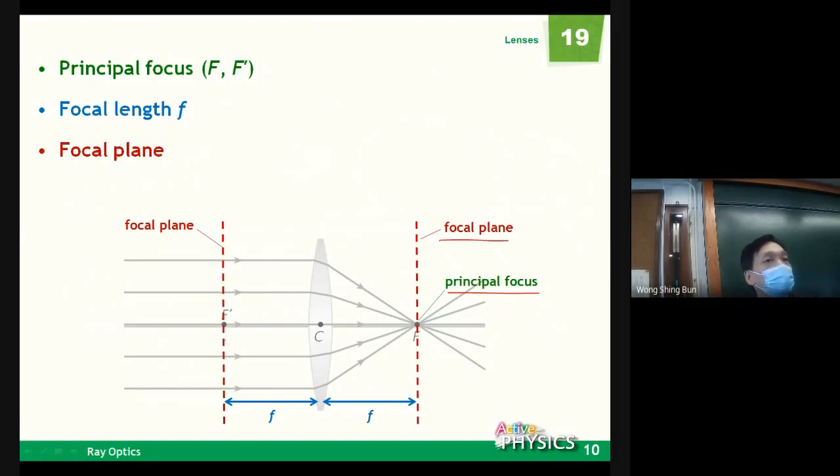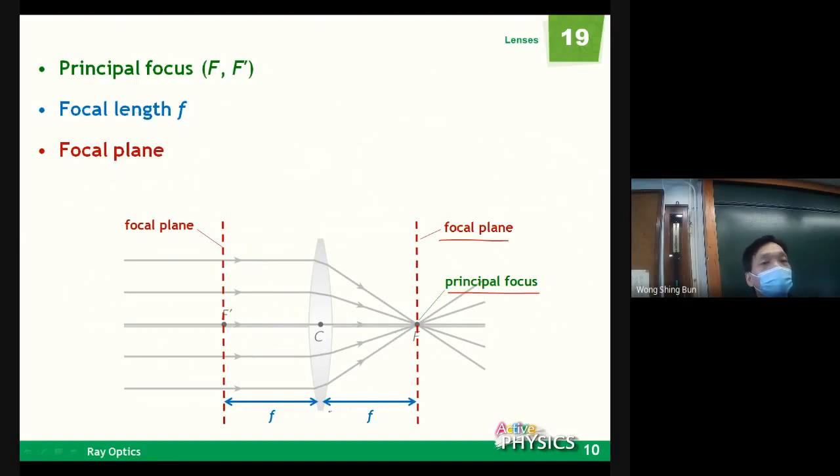For the concave lens, the same. Actually, for the focus, we have two. One is on the right-hand side, one is on the left-hand side. Both of them have the same distance from the optical center. One of them we will call F, the other one is F dash. We also have two different focal planes.